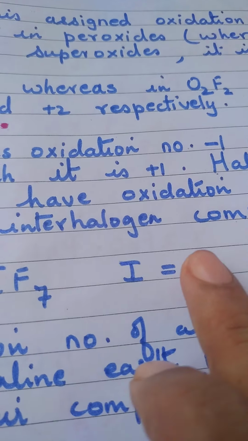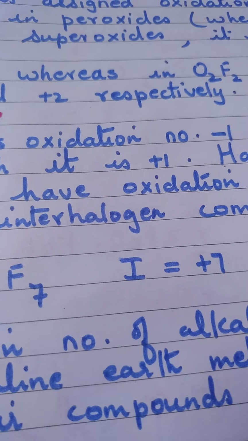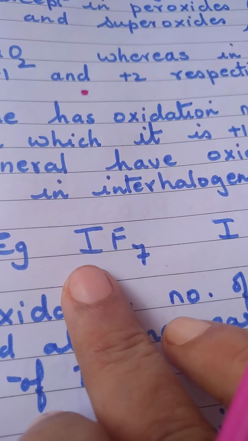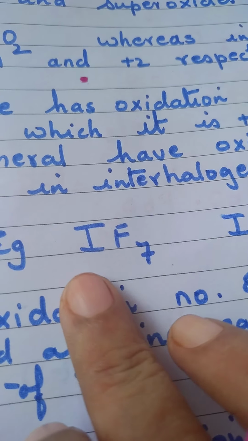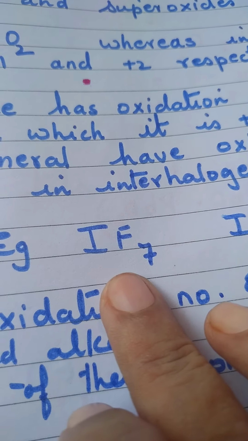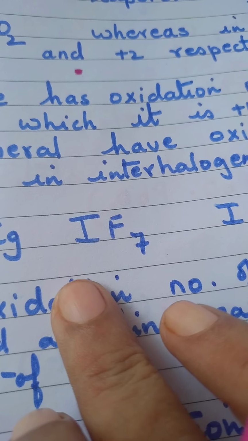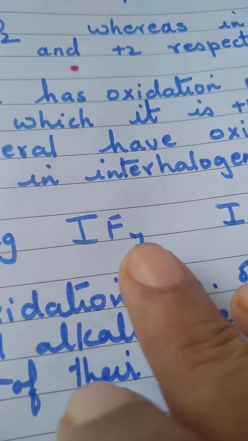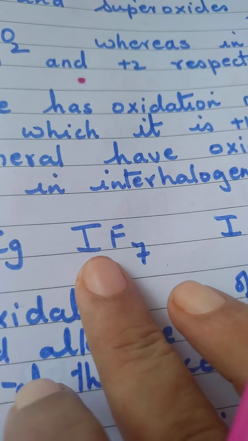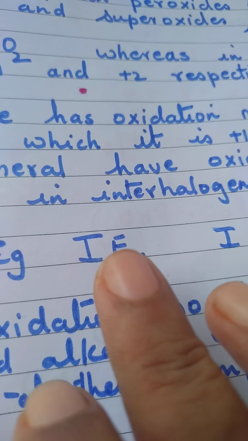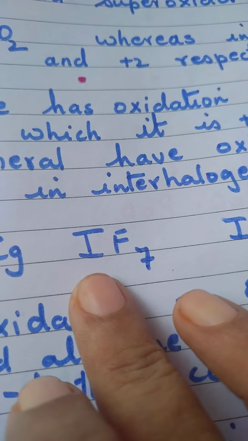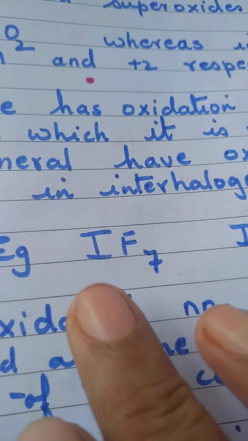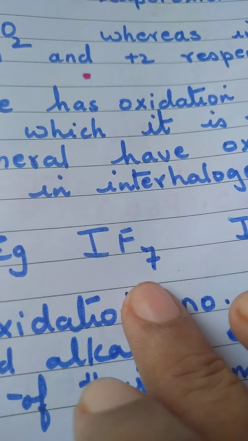Now what are interhalogens? These are compounds formed between halogen atoms, like IF7, ClF3, ClF5, BrF3. Here the more electronegative halogen is going to have a negative charge and the less electronegative element will have a positive charge.